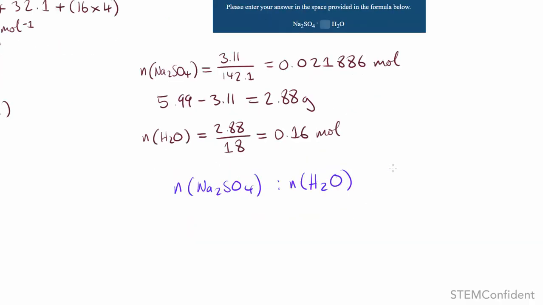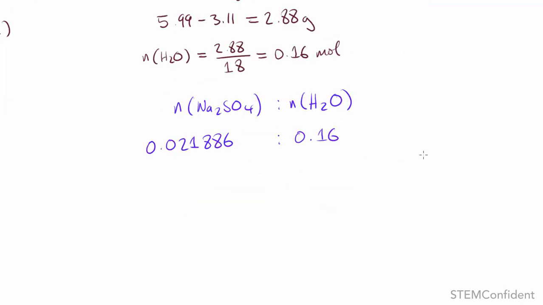And what's that going to give me? Well, on the left hand side it's going to be 0.021886, and on the right hand side it's going to be 0.16. Now, if we want to really make that comparison, how are we going to make the ratio make sense?